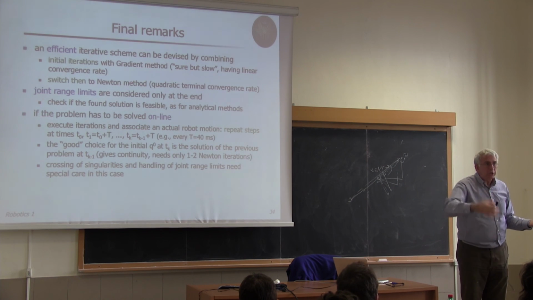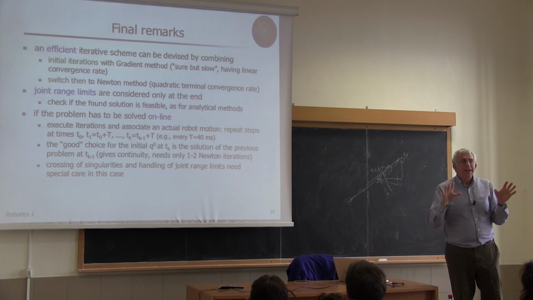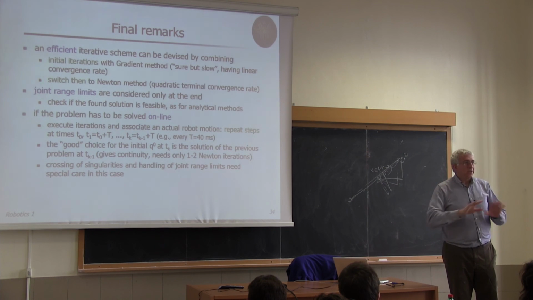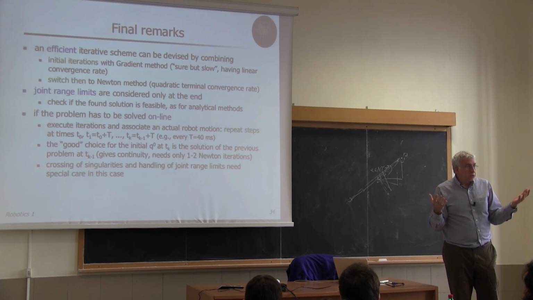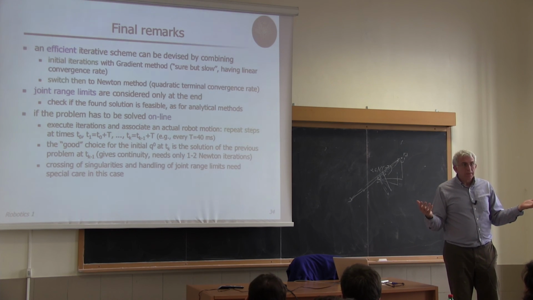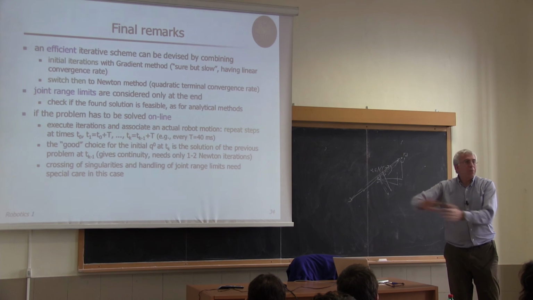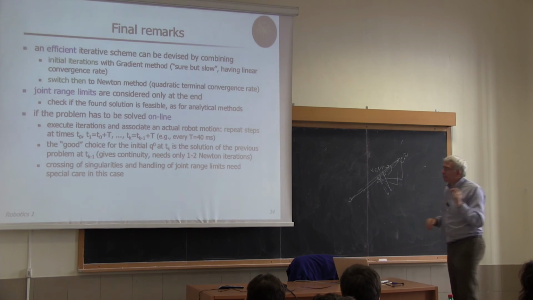So each iteration is a new configuration of the real arm. And then, lo and behold, you should be very careful in handling singularities and joint limits and so on, because otherwise the robot would go crazy. Okay? So it's no longer a problem on the computer in a numerical algorithm, which you don't care too much about. It's the real robot that is moving.